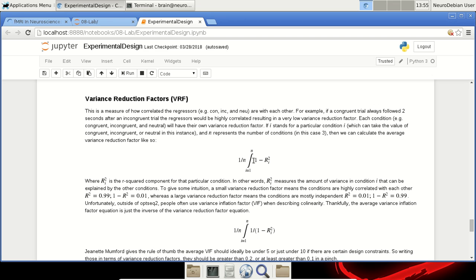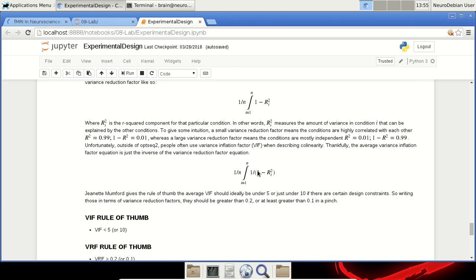And so the 1 minus this number, if it's low, is still going to be close to 1, and then if we take the average, we should get a number that is, well, 1 divided by, yes, we would want a larger number for this. So the larger number that we can get, that means the smaller the r squareds were.